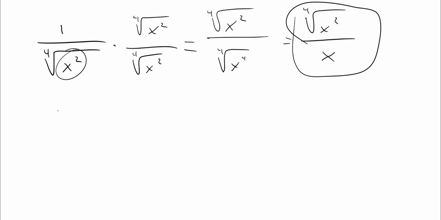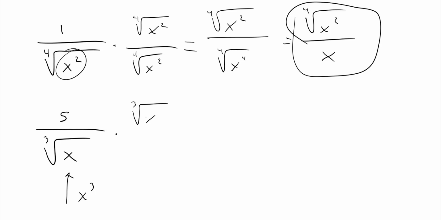Like I said, it's really not that bad. Let me just do one more. So if I have 5 over, let's say, the cube root of x. Do you guys agree I need this to be x cubed? So I'm going to multiply this by the cube root of x squared over the cube root of x squared.